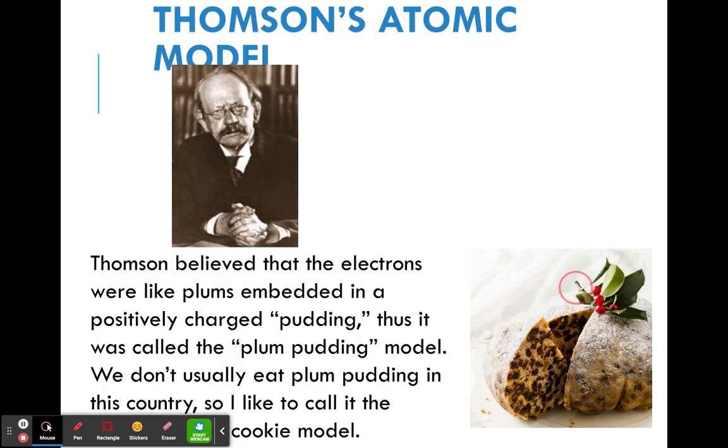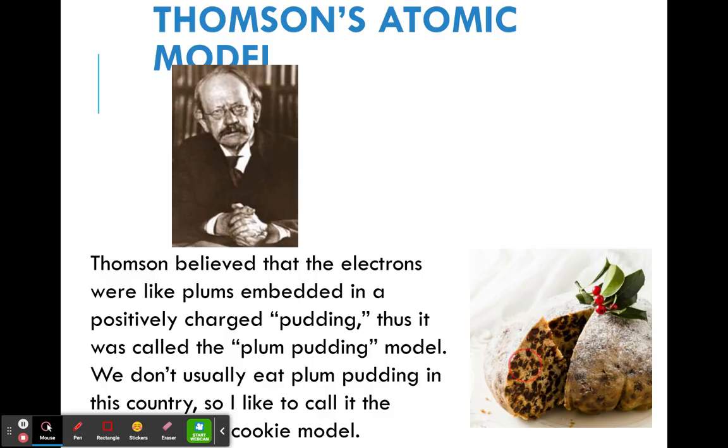So for his plum pudding model, what he thought was, if you see in the bread here these dark spots, he believed that the electron, this negatively charged particle, was embedded in a kind of positive stuff, just like the raisins here are embedded in the bread.